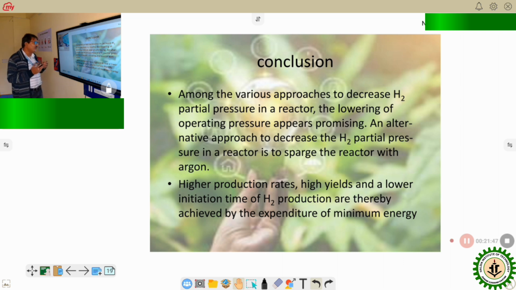Higher production rate, high yield, and lower initiation time of hydrogen production are thereby achieved with minimum energy, because the drawbacks of the bioprocess are mostly addressed, and it was shown that it is possible to change or improve the process parameters.